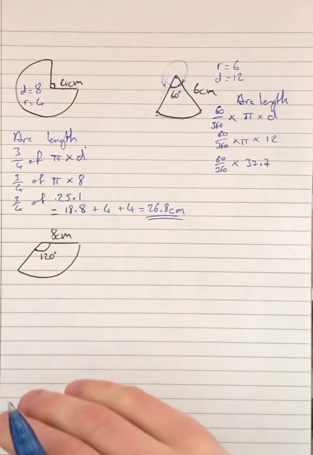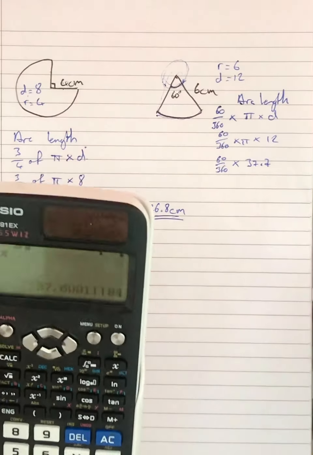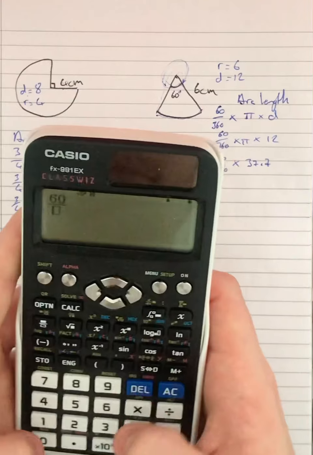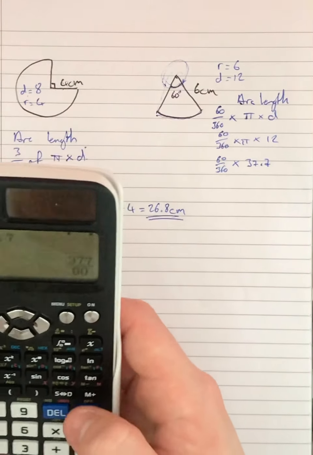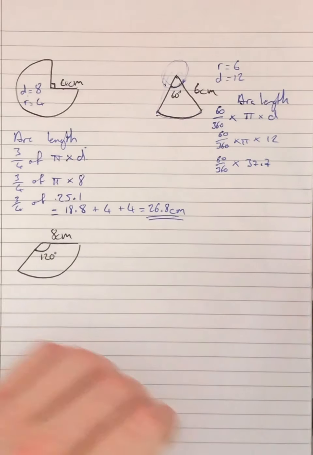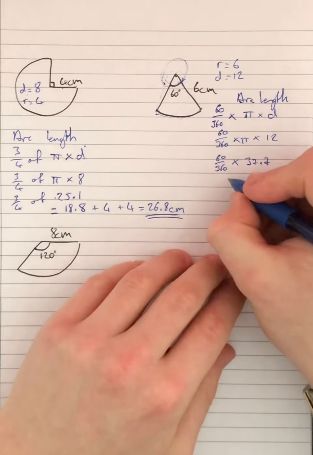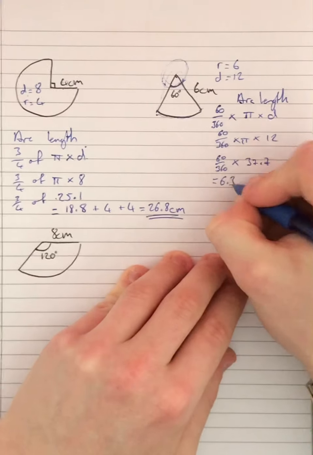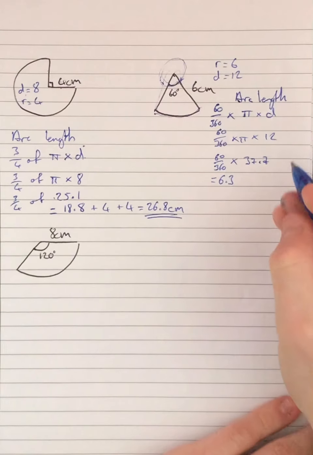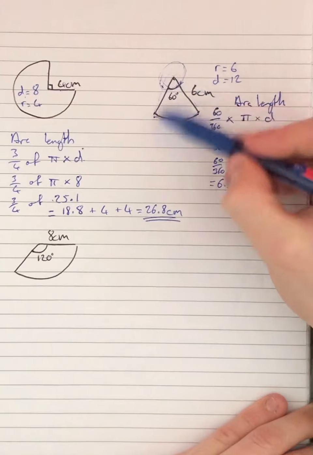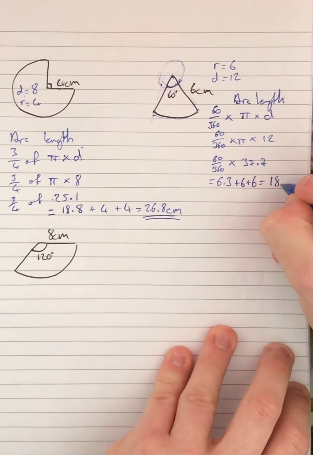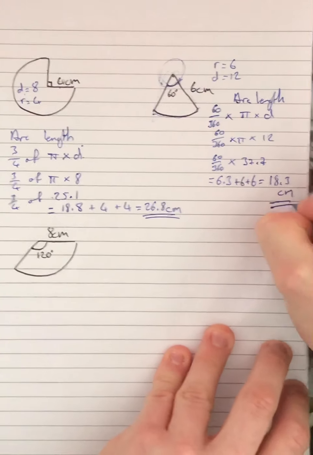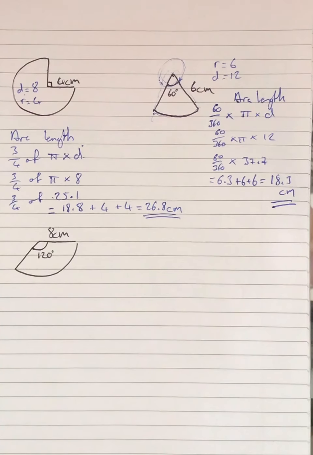So let's work out our fraction of that. So we should get 6.3 for that. And then we've just got to add on this straight part and this straight part. 18.3 centimetres.